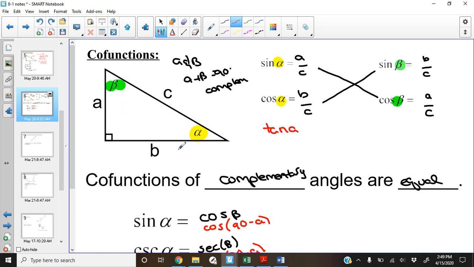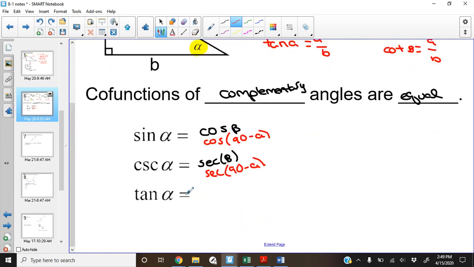Tan of alpha is opposite over adjacent, so A over B, whereas cotan of beta is going to be adjacent over opposite, which is A over B. So you can actually see that cotan and tan of the complementary angles are going to be cofunctions. So tan of alpha is equal to cotan of beta, which is the same thing as cotan of 90 minus alpha.